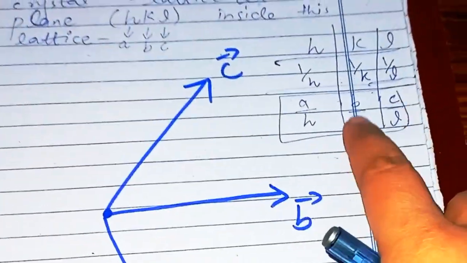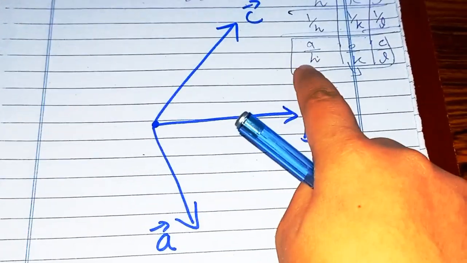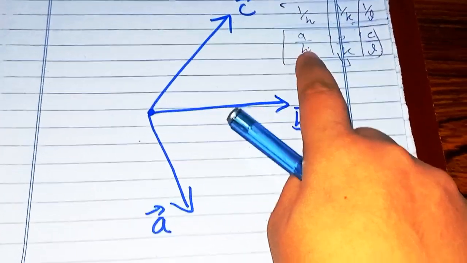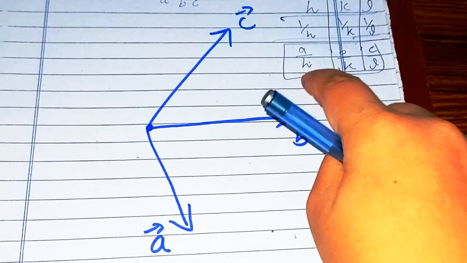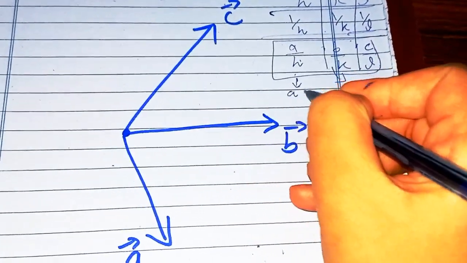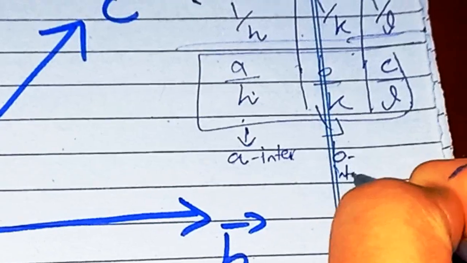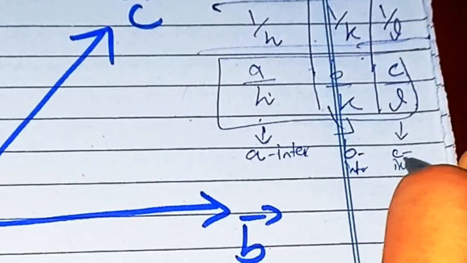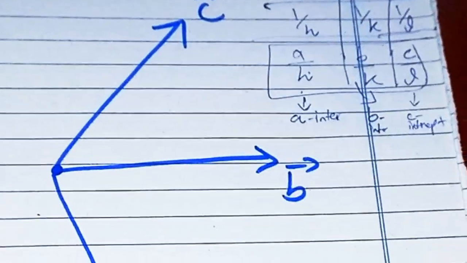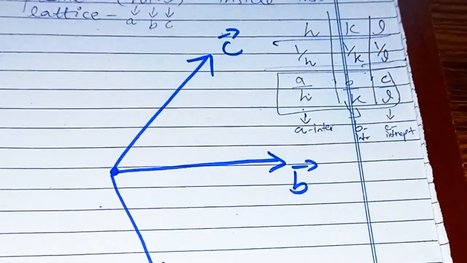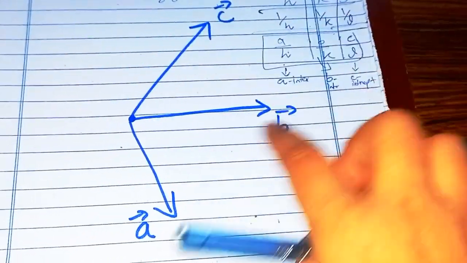These intercepts are used to draw the plane, and they are points on the axis lines. This is the a intercept, this is the b intercept, and this is the c intercept, just like we used to call them x intercept, y intercept, and z intercept. Since we have these axis lines, we'll call everything in reference to them.